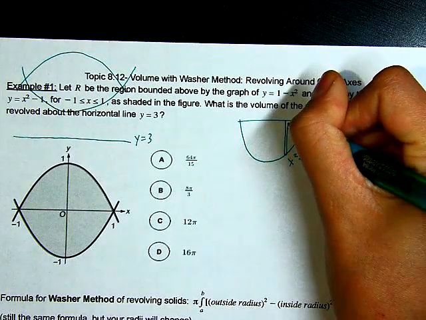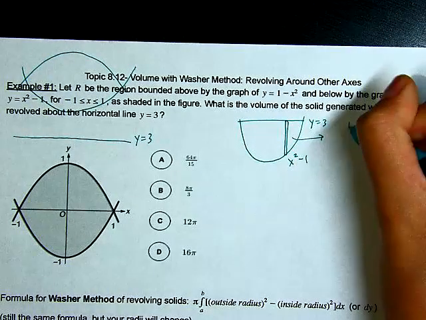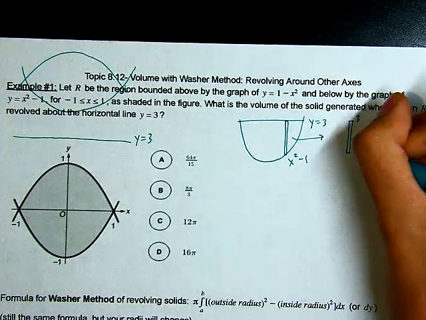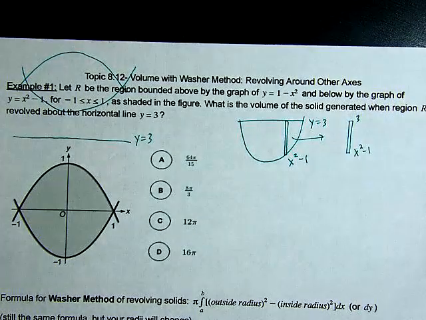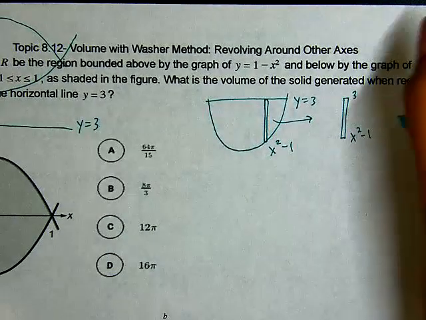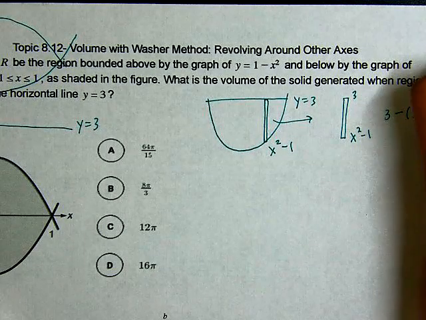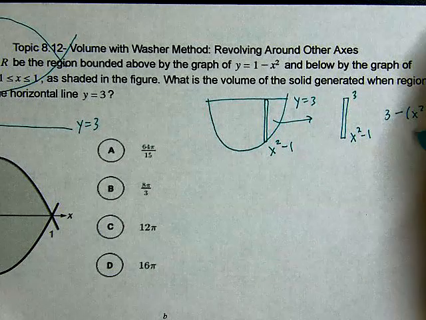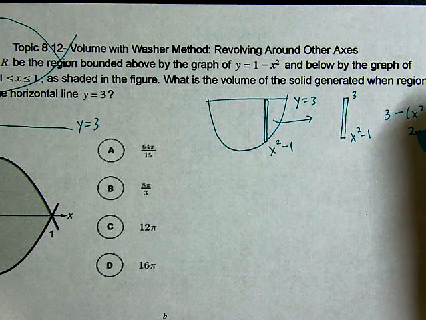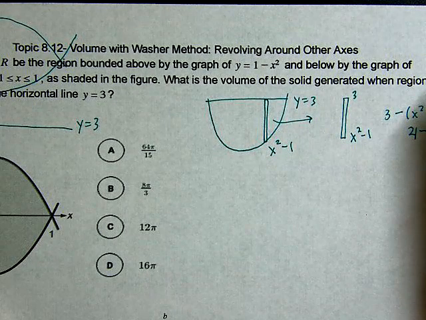I would have a vertical slice. The top part of my slice would be 3, the bottom part would be x squared minus 1. So as we've learned in previous topics, we would take 3 minus x squared minus 1. So we would have 4 minus x squared.